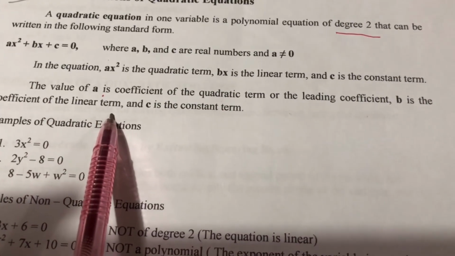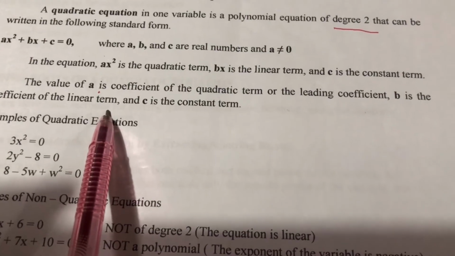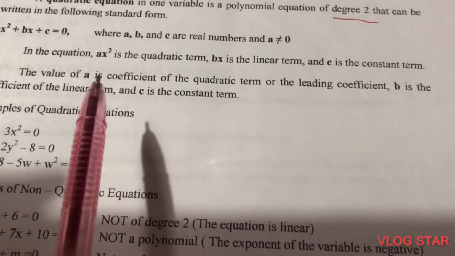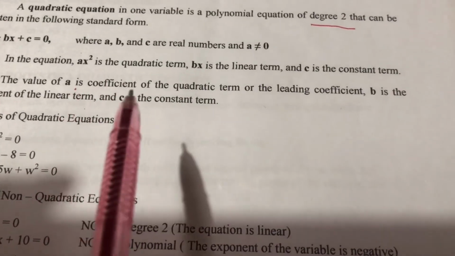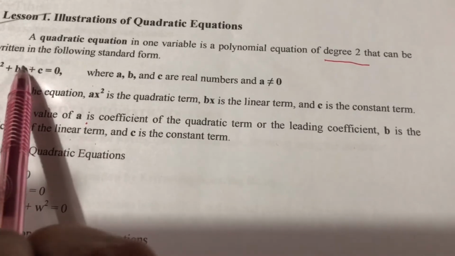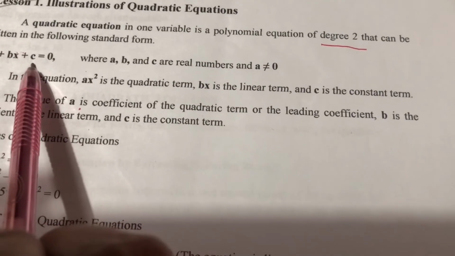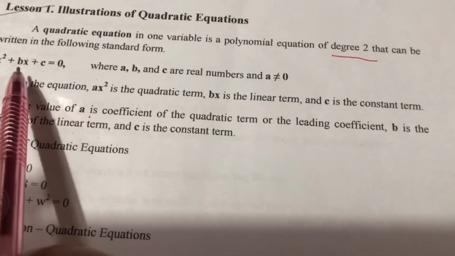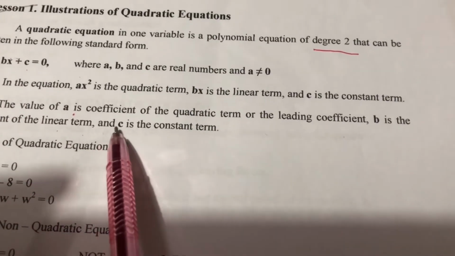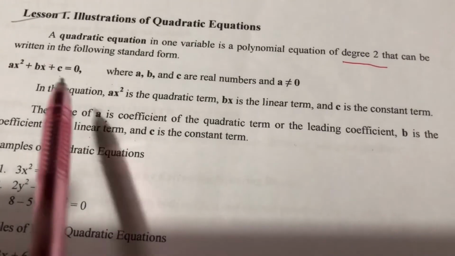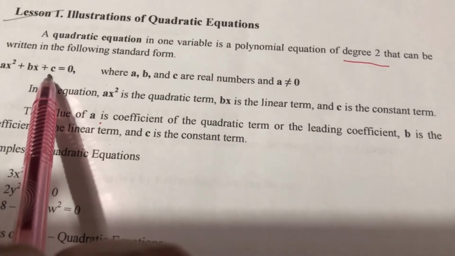So, nabanggit kanina na magiging linear equation siya kapag naging 0 yung ating a. Magiging bx plus c. So, linear term itong bx plus c. Or the bx. Next, and c is the constant term. So, yung c corresponds to this.